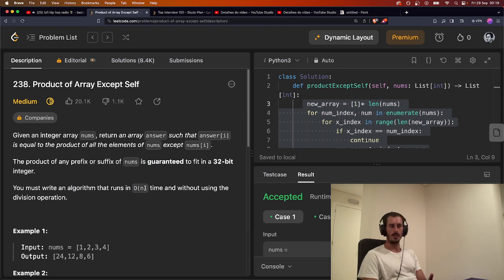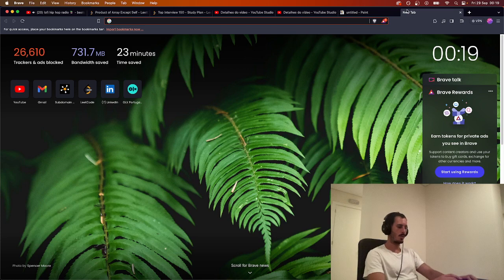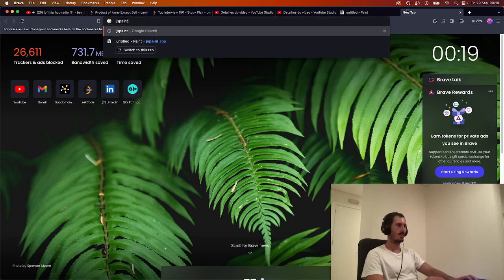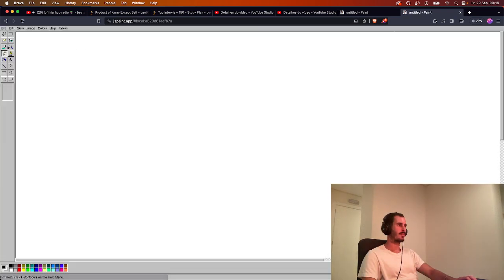So, I already went for this, and I wrote a non-O(n), an O(n squared) complexity algorithm. Pretty much the algorithm was, I'm going to open JS Paint and show you.